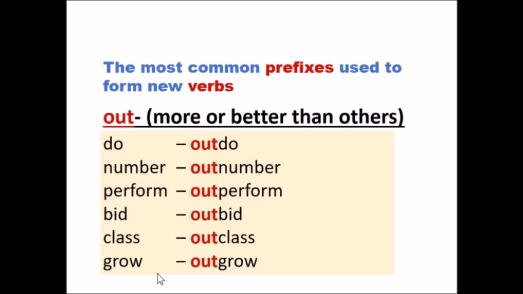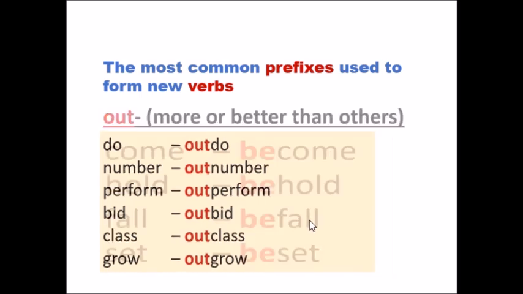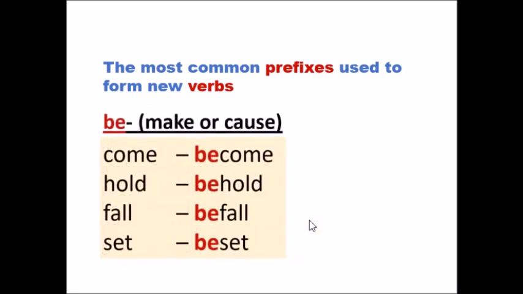So likewise, we can add a prefix to the verb to construct another verb. Let's say the verb prefix be means make or cause. Example, come, become. Hold, behold. Fall, befall. Set, beset.